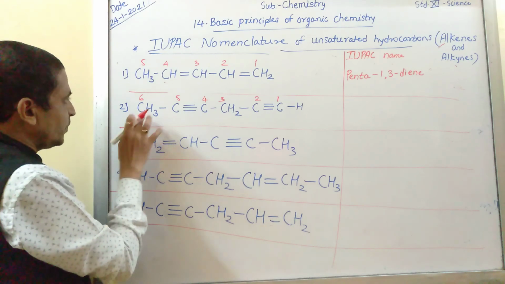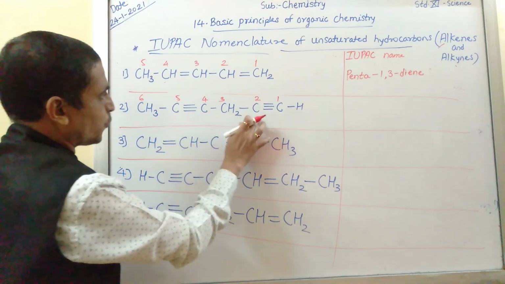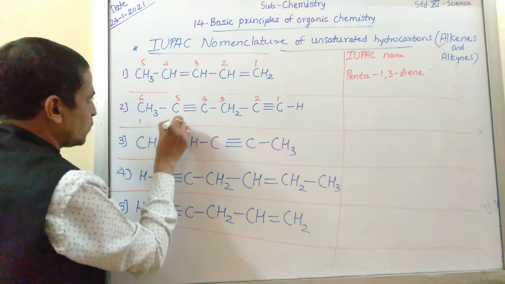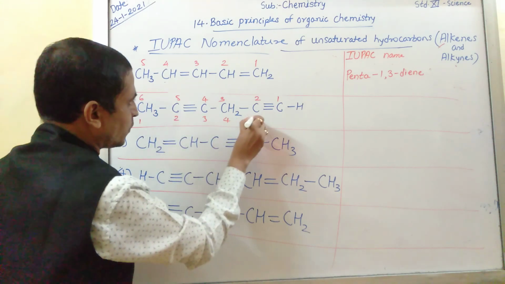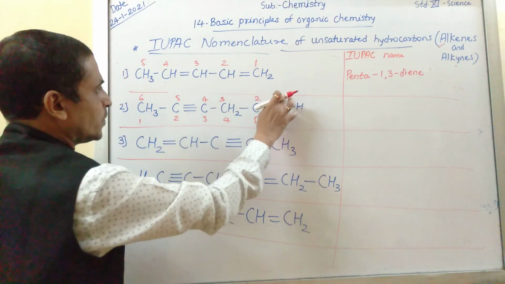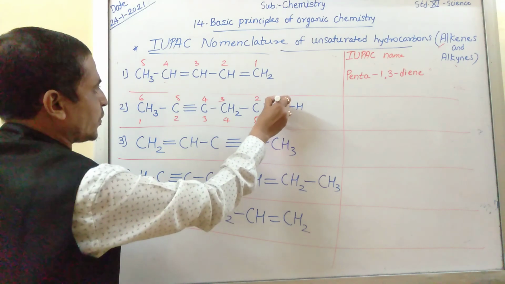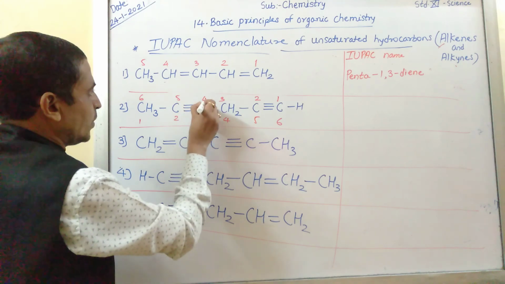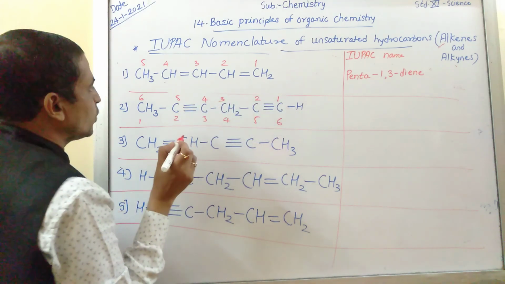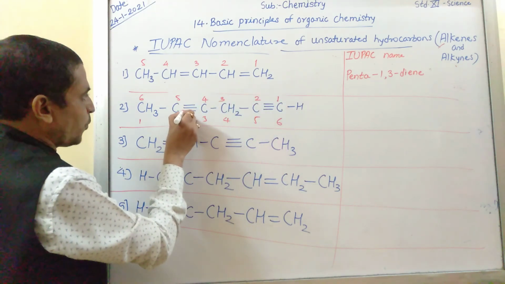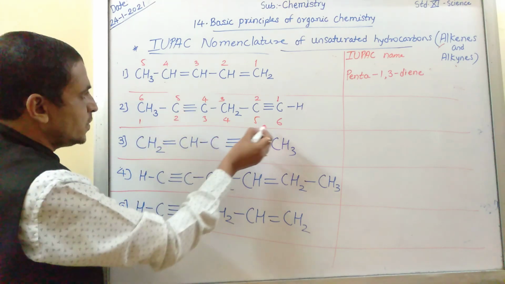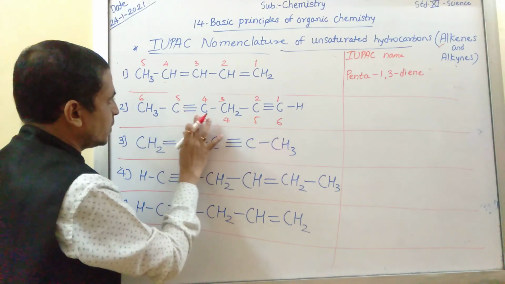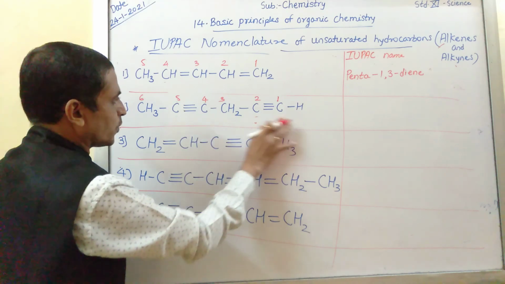If you put here 1, 2, 3, 4, 5, 6 from the other side, after the first carbon atom there is a triple bond, and after the fourth carbon atom there is a triple bond. 1 plus 4 is 5, means a lower number is given to the triple bond, and therefore this numbering is incorrect, because the number is more.